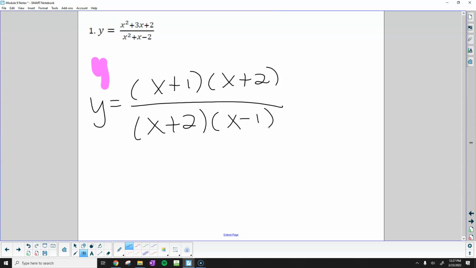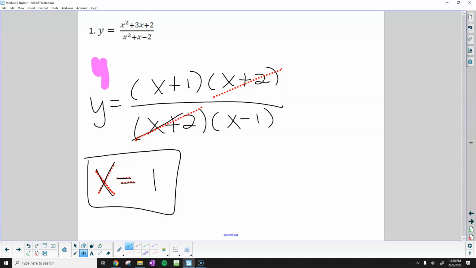So again, remember, we had things that canceled out here. If I am just looking at what the vertical asymptote is, you only have one. The vertical asymptotes are the stuff in the bottom that do not cancel. So the vertical asymptote for number 1 is just going to be x equals 1. So that's your vertical asymptote.